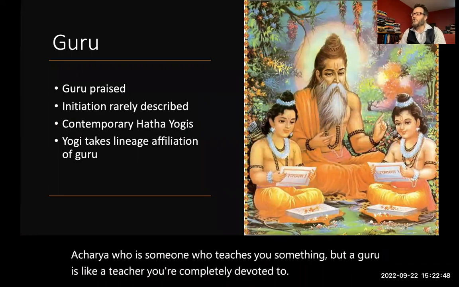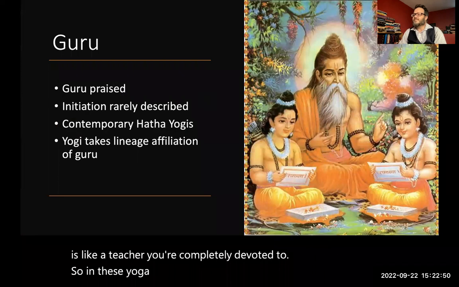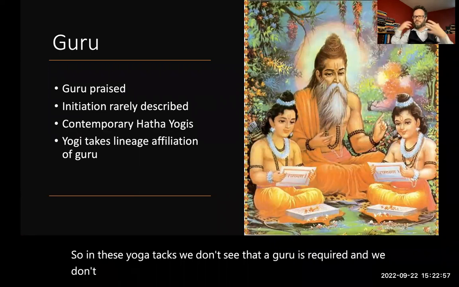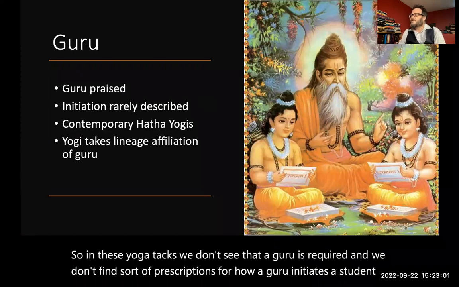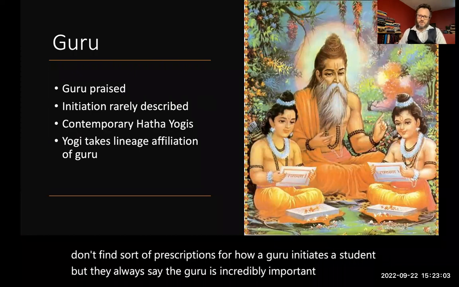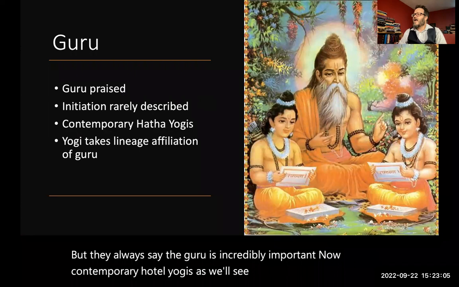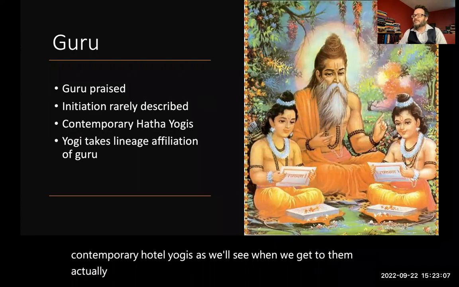In these yoga texts, we don't see that a guru is required, and we don't find prescriptions for how a guru initiates a student, but they always say the guru is incredibly important. Now, contemporary Hatha yogis, as we'll see when we get to them, all describe initiation to a guru and into the lineage of the guru.